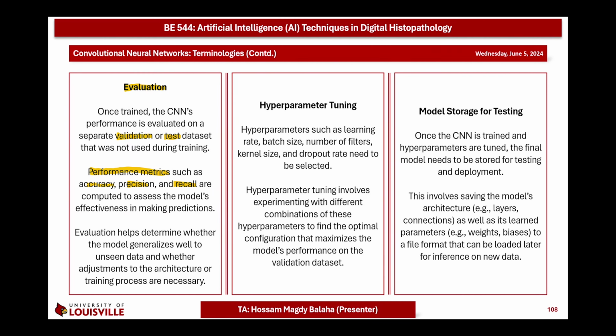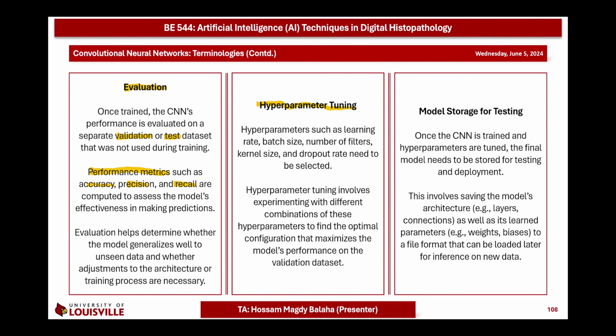And as mentioned, hyperparameter tuning involves experimenting with different combinations of hyperparameters to find the optimal configurations that maximize the model's performance on the validation or testing dataset.